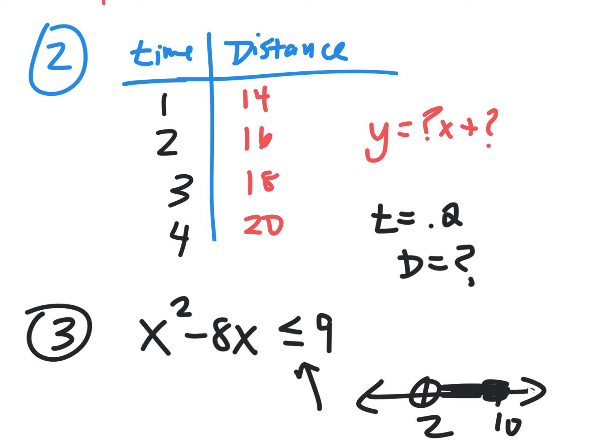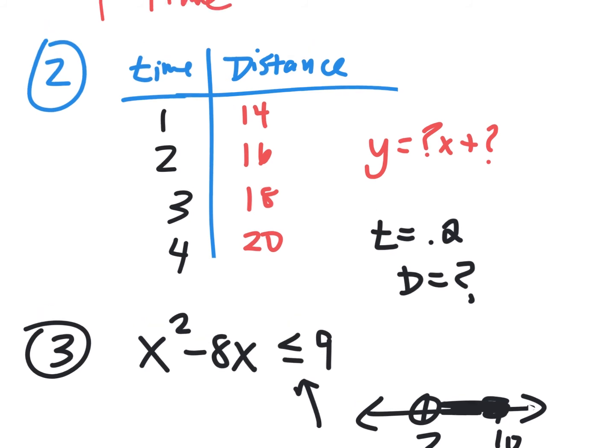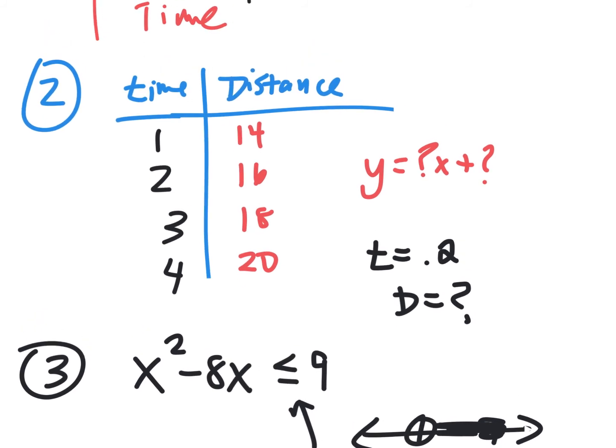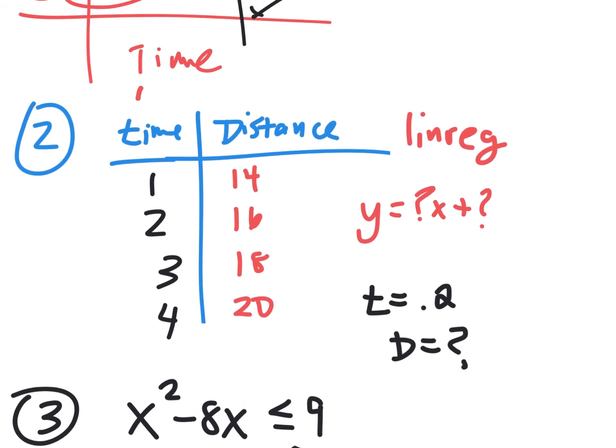Yes? The second question. When you get the LinReg on the graphing calculator? Yes, this is where you'd use LinReg. This is L1, this is L2. And this T, that's time, so that's like an L1.